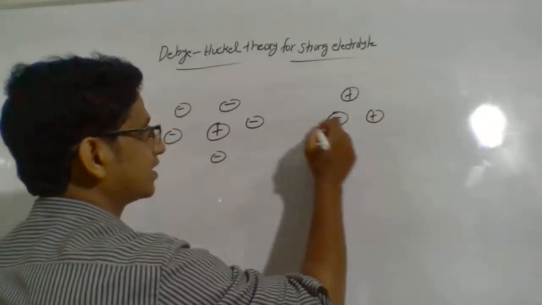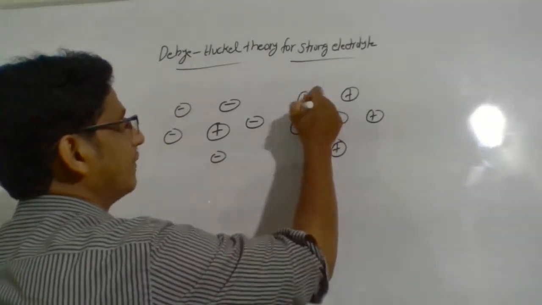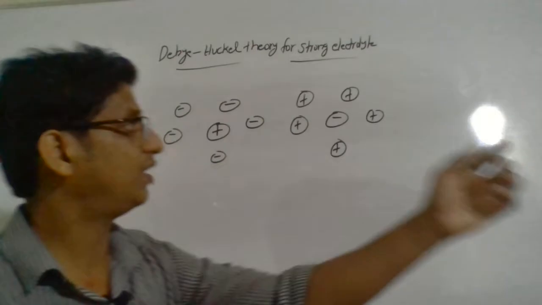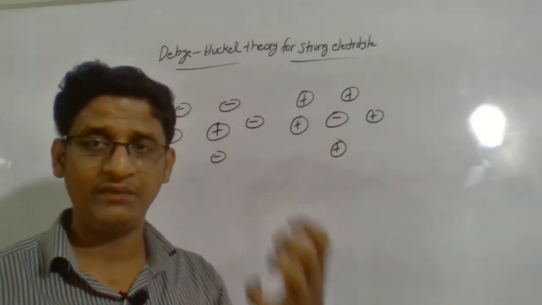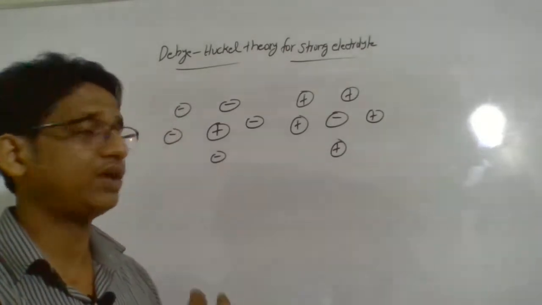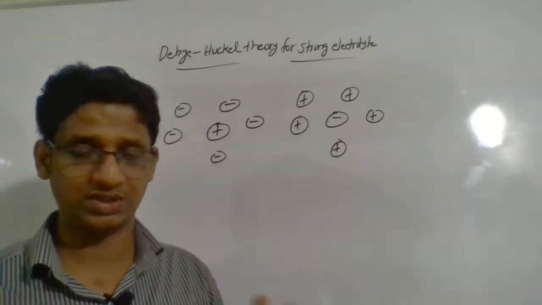This is the way you actually see ions in an aqueous solution as well, which means the attractive influence is always there, because ions are not able to move as freely as we expect in an ionic solution. It's not so.